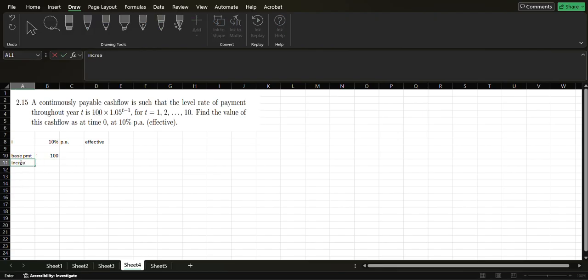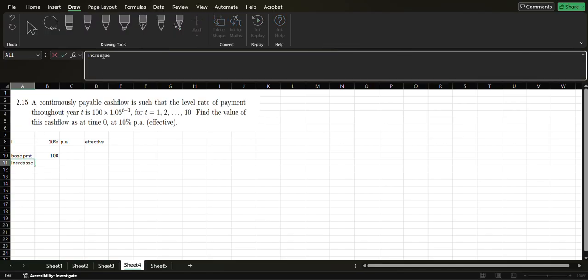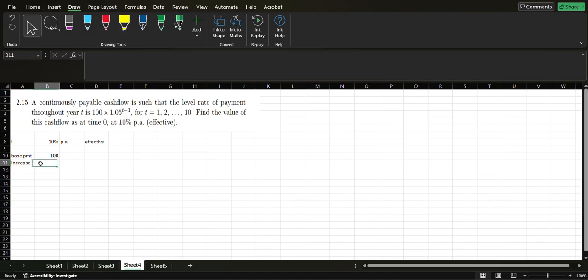And then I'm going to have the increase. The increase is going to be by a factor of 1.05 each year, because each year we multiply by 1.05.